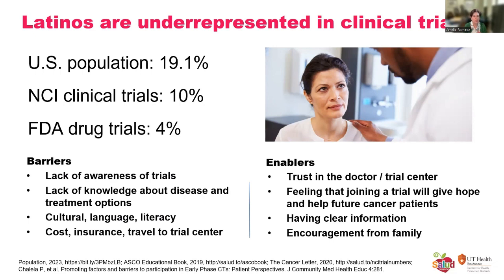And also sharing with them that the treatment may not necessarily work for them, but they are helping the future, their own family members' future, in getting better and newer, more effective treatments. And again, as stated earlier, make sure your recruitment information is clear and informative for the patients.